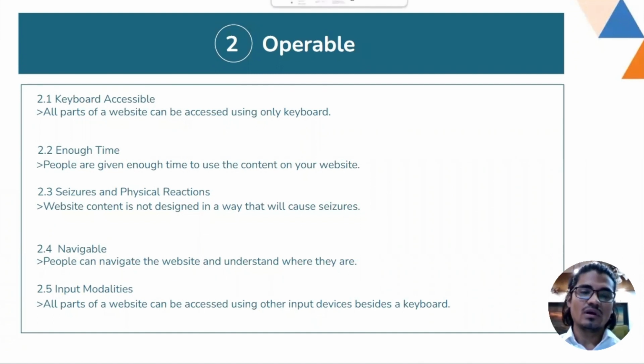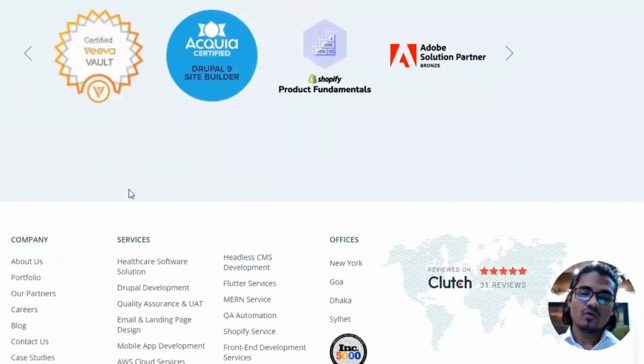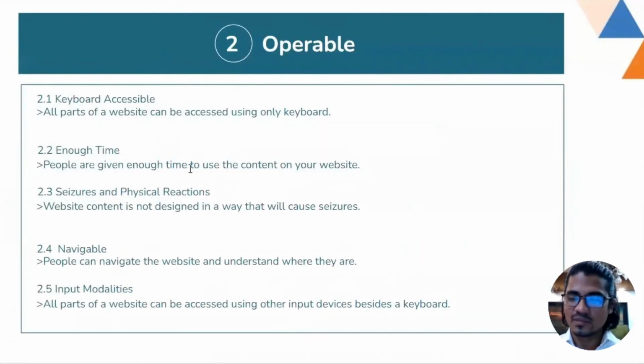But now they are saying that without a keyboard, your site also has to have the ability to be browsed, like for those who have a mouse, a touch screen, or a touchpad. With those things only, your site has to be operable. It has to have the ability that all the input devices are supported.